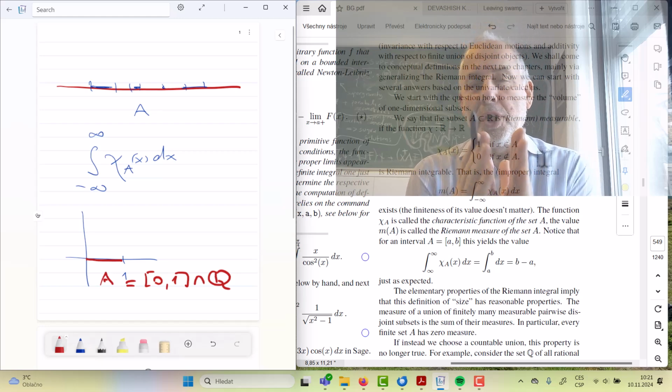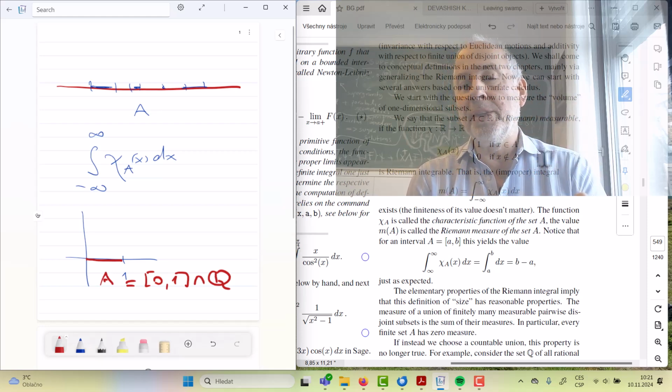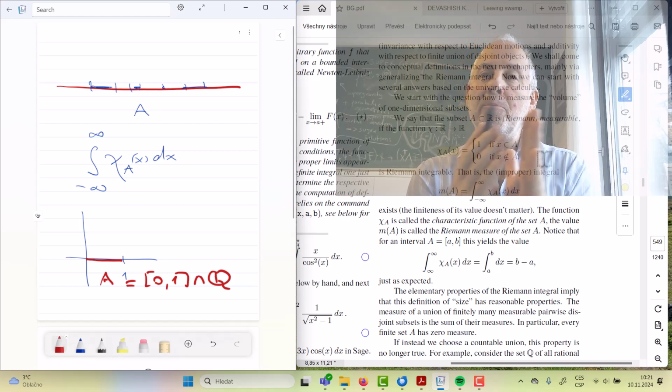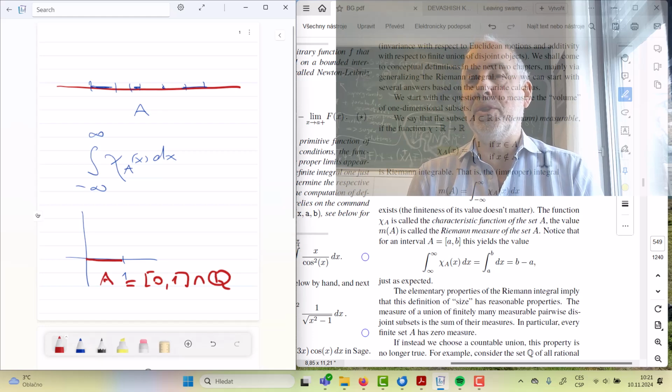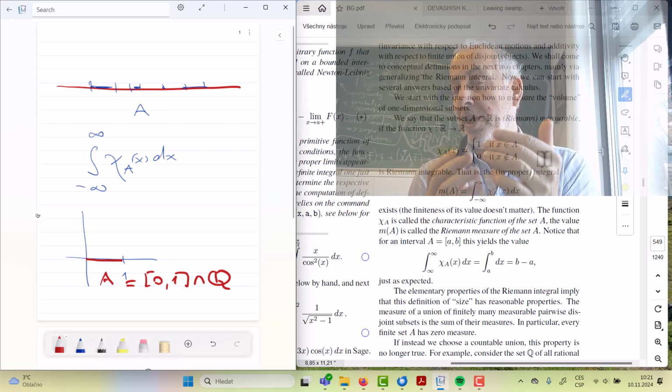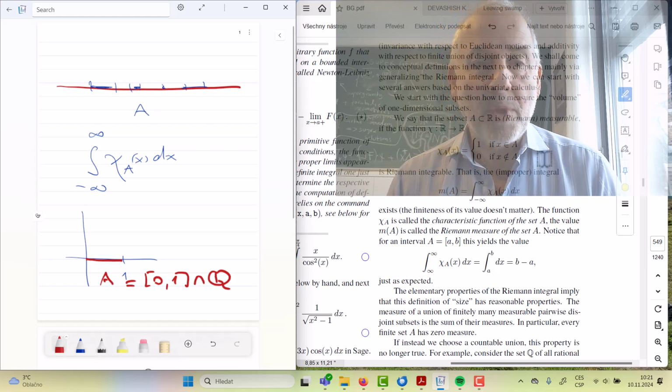Because in each small interval you will always have a representative with value 1, that will be one of the rational numbers there, and you will also have a representative with value 0, because that will be an irrational number there, and they are always there. So that's how we define the measurable sets.